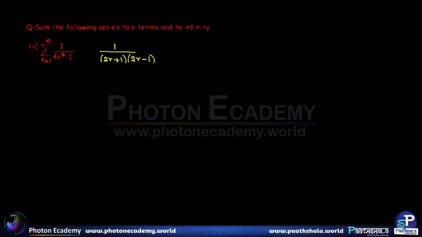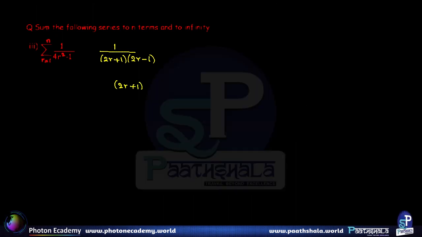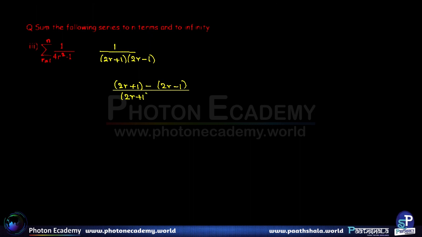Then in the numerator we can just write 2r plus 1 minus 2r minus 1 upon 2r plus 1 into 2r minus 1. So in the numerator the 2r will get cancelled, 1 minus minus 1 is plus 2. So divided by 2, the whole value remains constant.